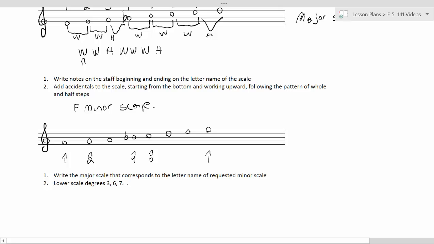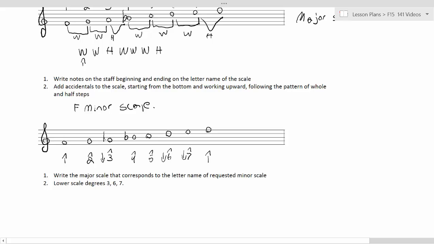So I'm saying we want to lower scale degrees 3, 6, and 7. The way I'll indicate that is with an arrow, a downward pointing arrow. So we want to use lowered scale degree 3, lowered scale degree 6, and lowered scale degree 7. In my F major scale that I've got written on this staff so far, I've got an A, and I need to lower that.